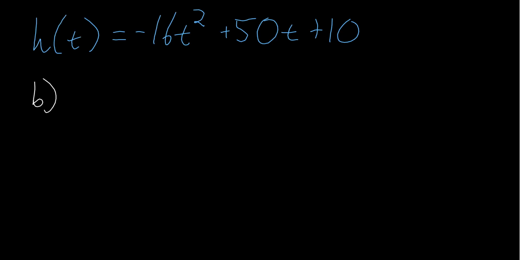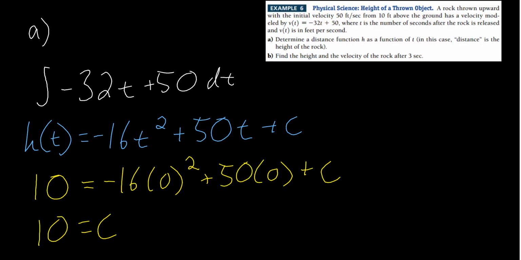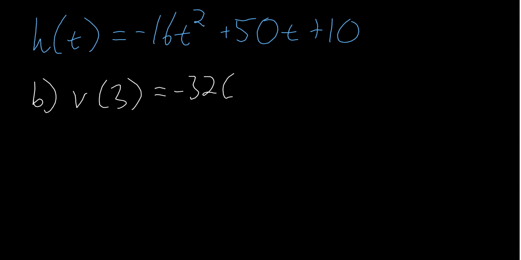Let's go ahead and be thorough and write this out. My v of 3 was equal to negative 32 times 3 plus 50, and we said that was negative 46.